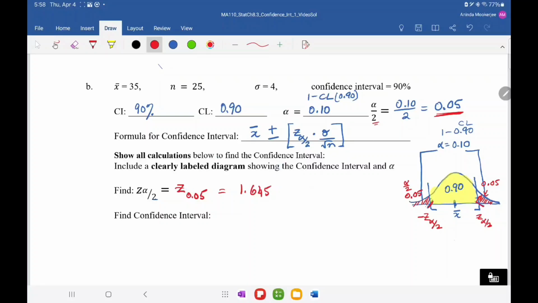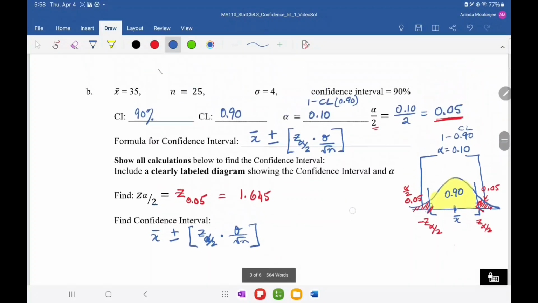So let's find the confidence interval now. Again, have the formula in front of you one more time. So x bar plus minus z of alpha by 2 times sigma over square root of n, correct? So x bar given to us was 35.